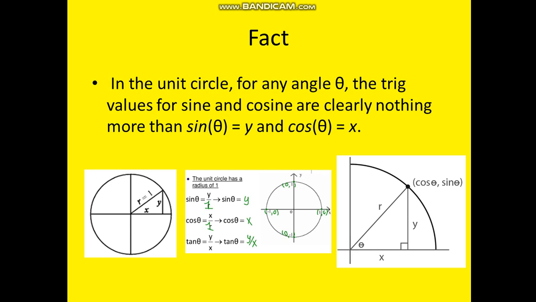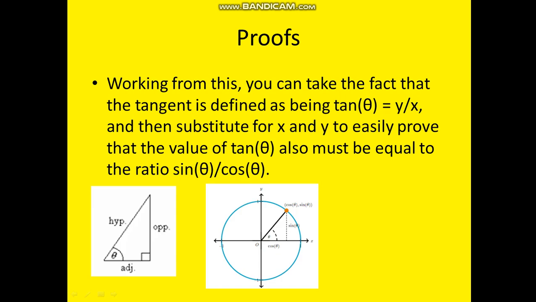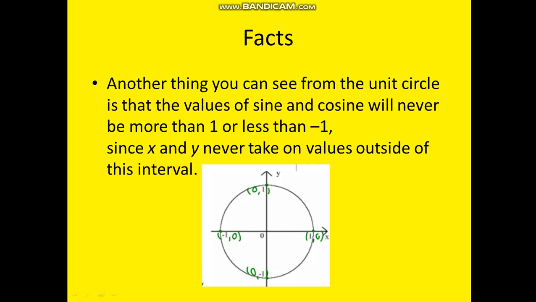These two form a coordinate, and our coordinate is x, y. So x is cos theta and y is sine theta, meaning the coordinate is cos theta, sine theta. This is our proof.